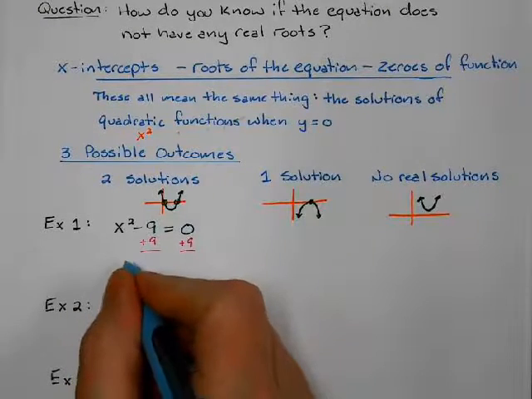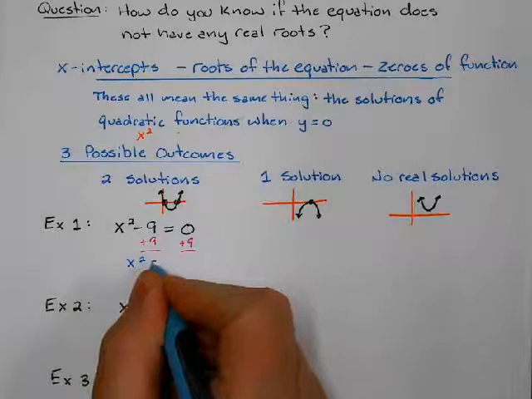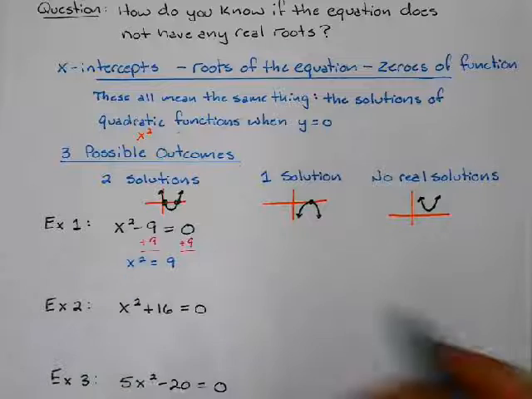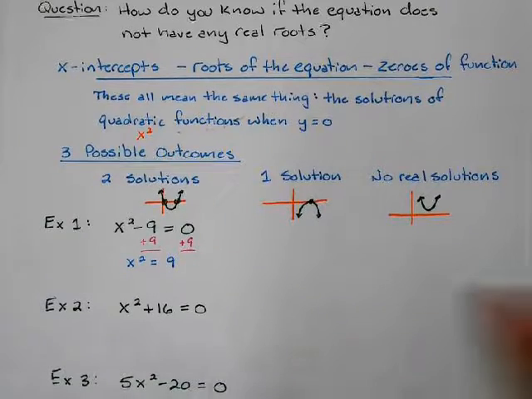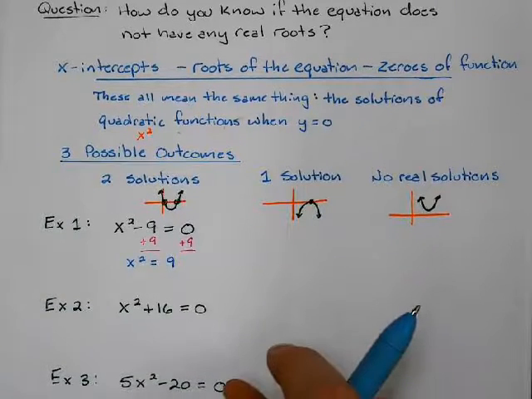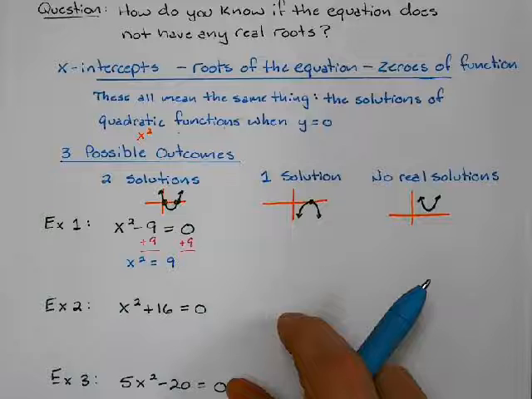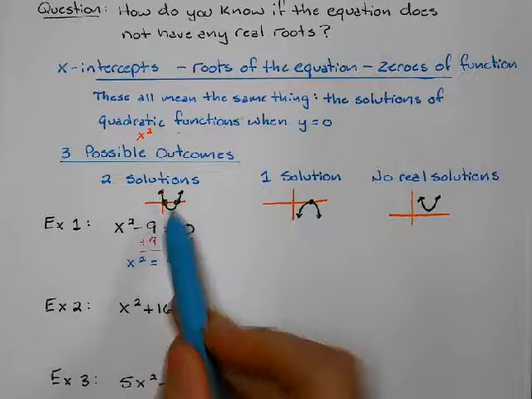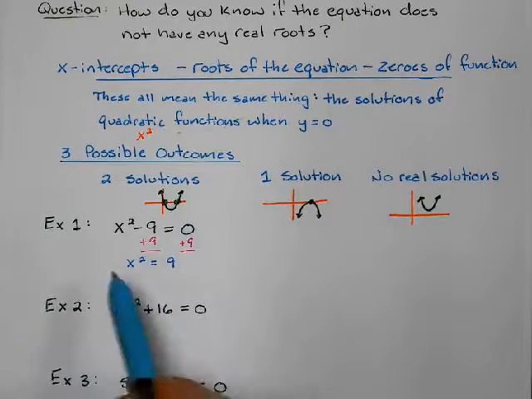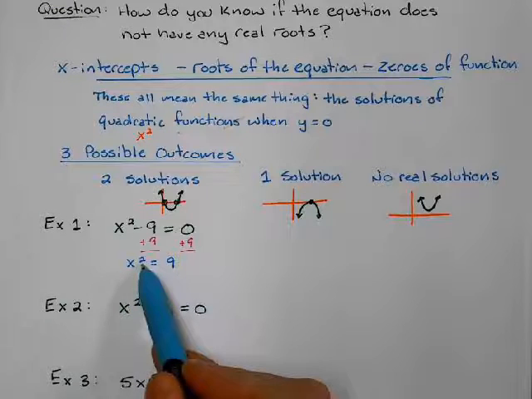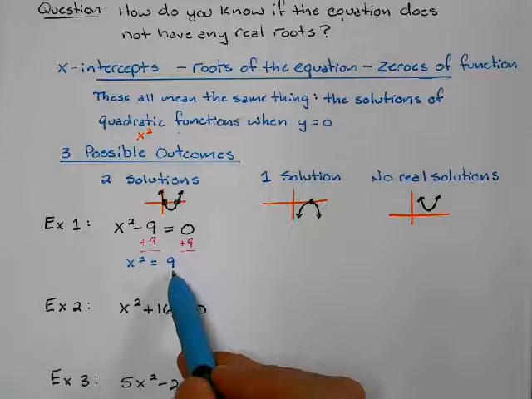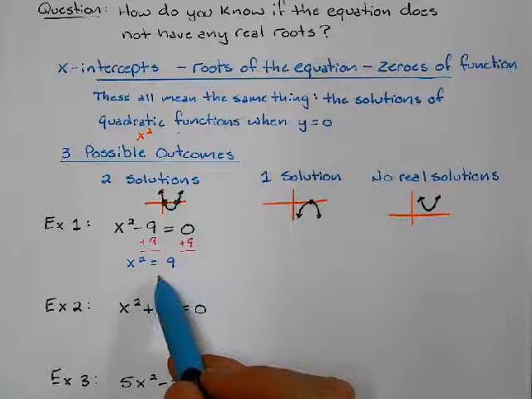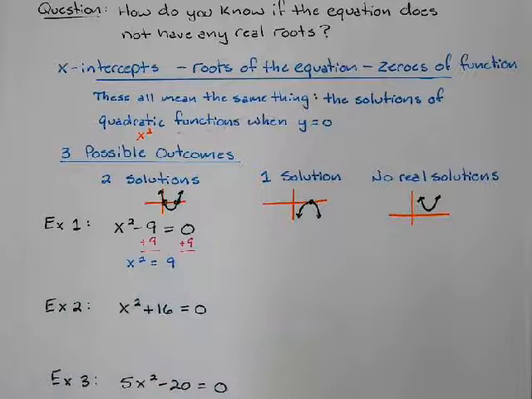Well, I've got x squared equals 9. You might be getting excited at this point. You're like, ooh, I know the answer's 3. Well, not really. That's one of the answers. This situation is where we're going to get two answers because not only will 3, when you square it, give us 9, but also negative 3 will give us an answer of 9.